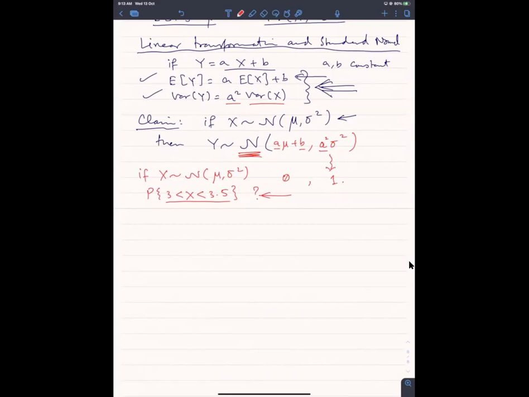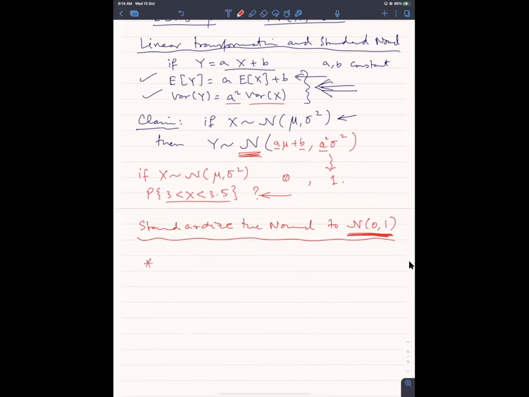So what they have done is, they said we do standardization. Standardize the normal to normal 0, 1. After standardizing, you provide tables for normal 0, 1. Just by providing its tables, you can then use those tables to answer the question about any normal with any mean and any variance.